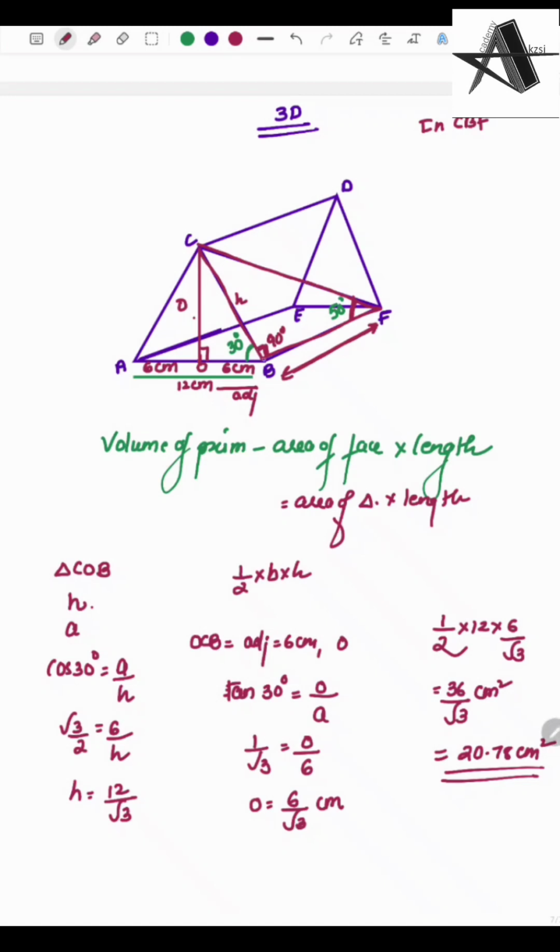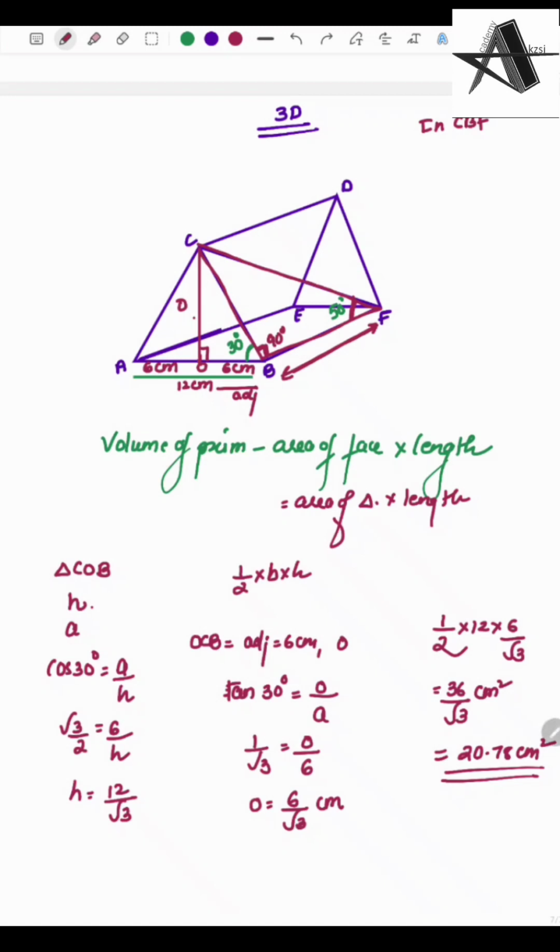That's why this is 90 degrees. Don't get confused, I know there are so many figures, but if you focus on a single thing, it will be very easy to understand.